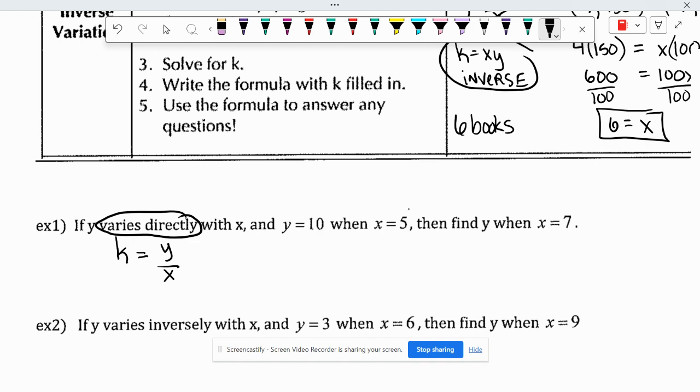My first one is y is 10 when x is 5. Well, that's just 10 over 5. And it's going to be equal to, I don't know what y is. Do you see where it says find y? So I'm just going to use the variable y. I'm trying to find y when x is 7.